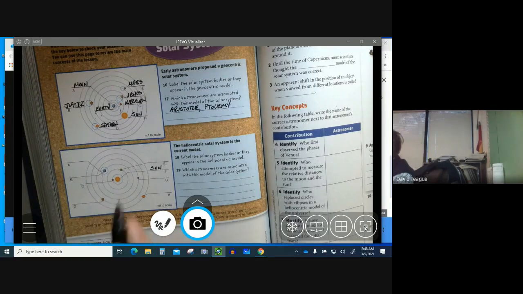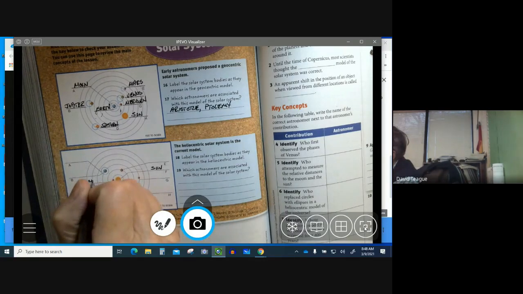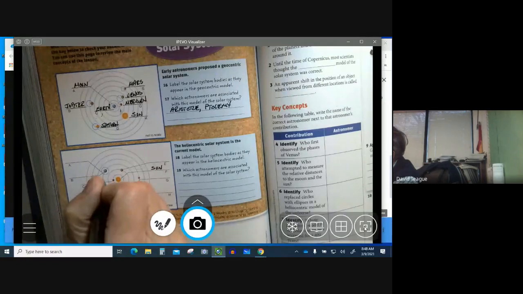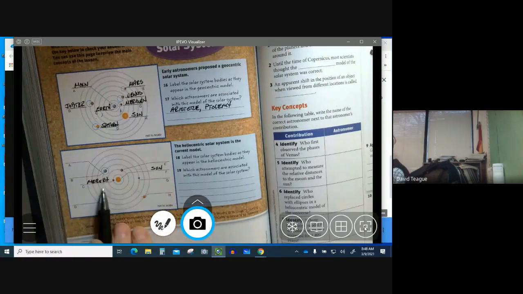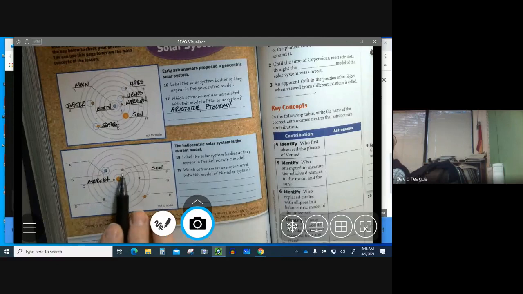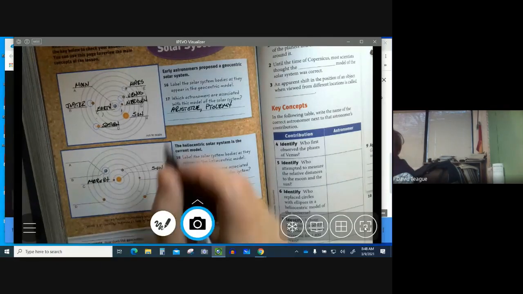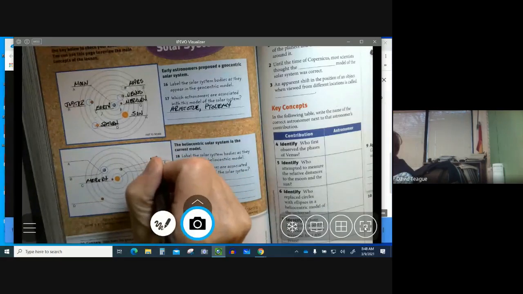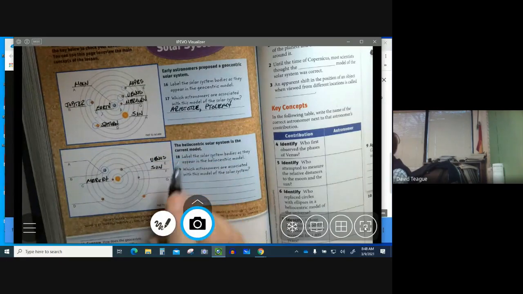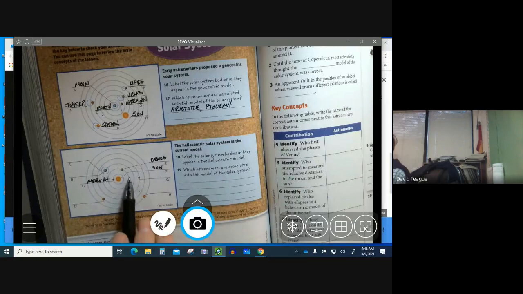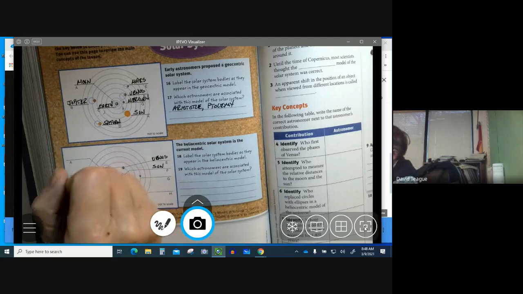Mercury. Yep. Very good. The next one out is this one, E. Yes. And then the next one out is Earth, which is B.